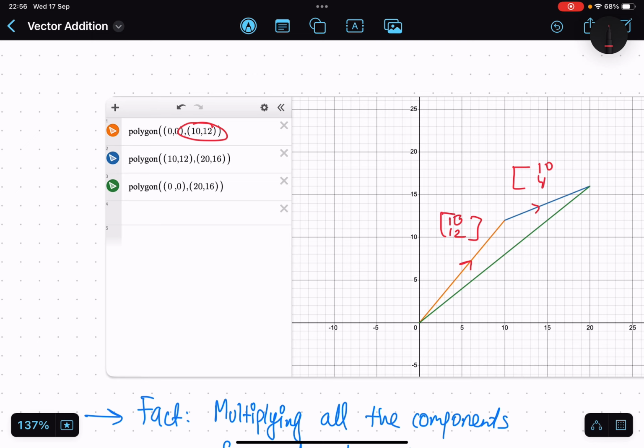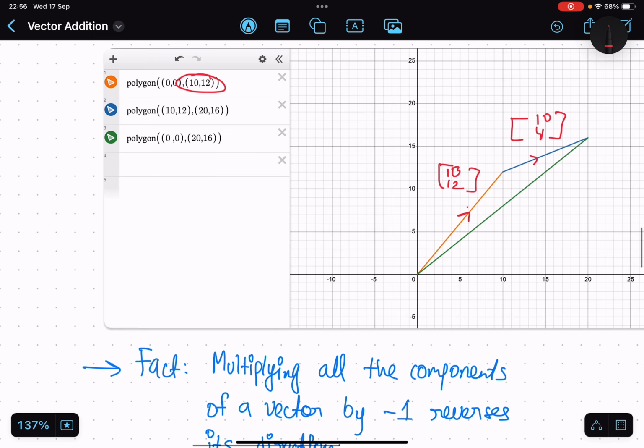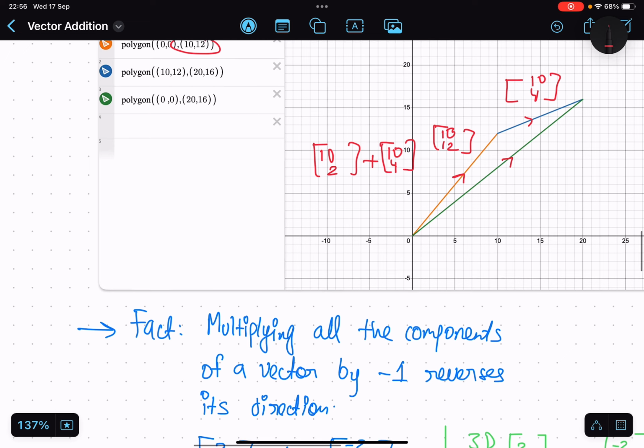But instead of writing 10 12 plus 10 4, we can simply just write 20 16. It's less redundant, right? And it's actually easier to grasp.